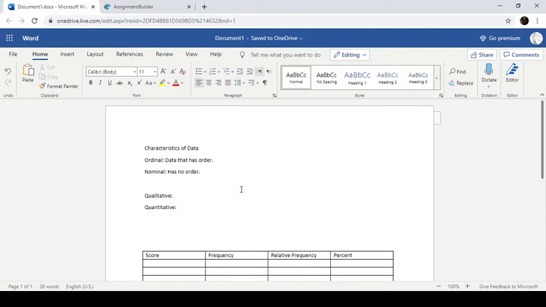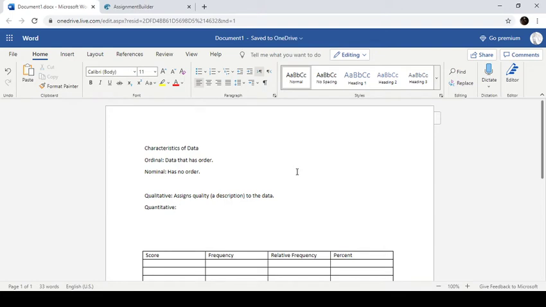So it's like a description. Quantitative, on the other hand, is the opposite of qualitative.